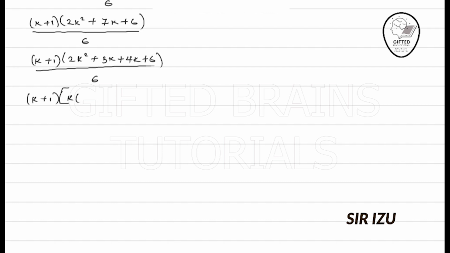Factorize k, you have k times 2k plus 3, and then on this other side, 2 is common, you will have 2 times 2k plus 3, our normal factorization. At this level, everybody should be able to factorize before you get to say you are doing mathematical induction. Okay, so over 6, we have k plus 1.